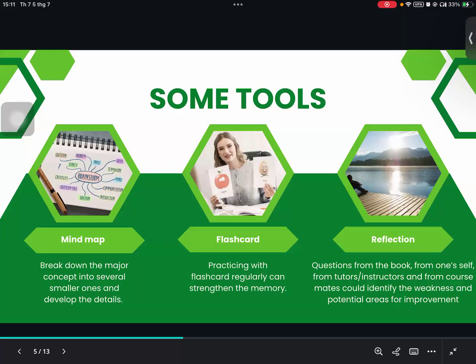But a mind map only helps you with grasping the greatest idea, the general idea, and breaking it down into smaller parts. If you want to learn by heart or you want to improve your memory, then you need to practice with flashcards.